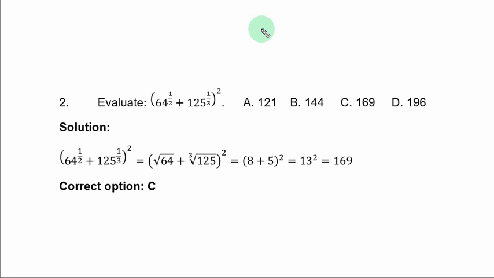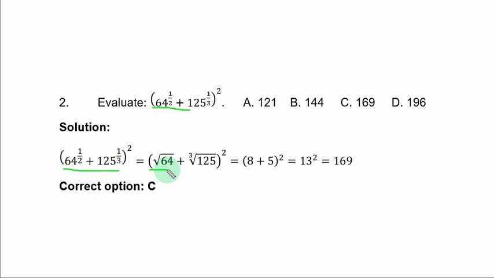Question 2. Evaluate bracket open 64 power half plus 125 power 1 over 3 bracket close all squared. You have the problem. Power of half simply means root, so you have square root of 64.